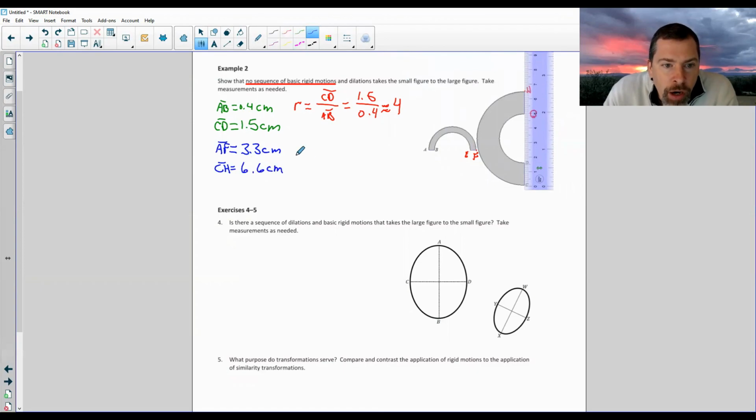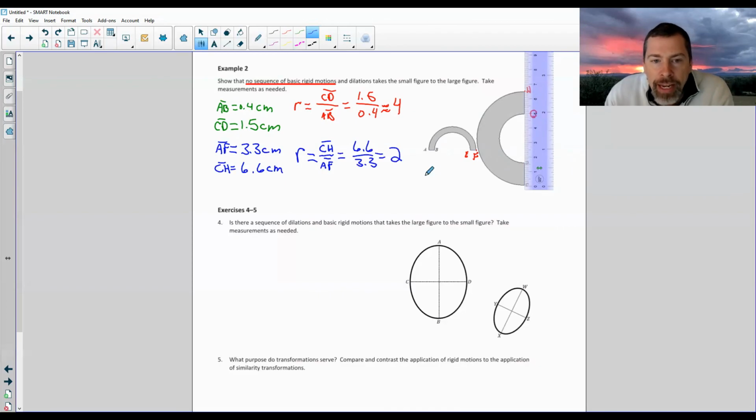So if I want to know R, the scale factor that would get CH from AF, I know it's enlarging, so I know R is greater than 1, then the greater number has to go on top. So CH divided by AF equals 2. So we have a scale factor of 4 that gets AB to CD, and then a different scale factor getting AF to CH.